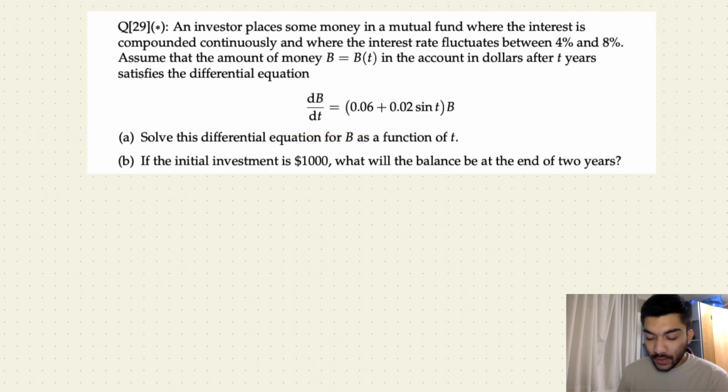Since we have to first understand the context of this question, we have been given that the interest rate fluctuates between 4% and 8%. We also know that sine t fluctuates between -1 and 1.